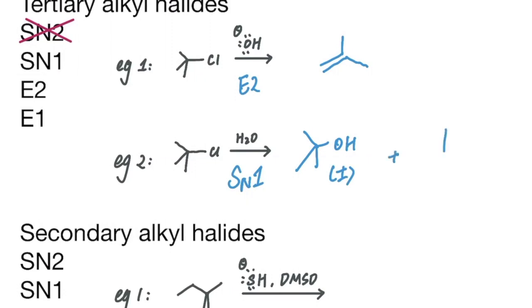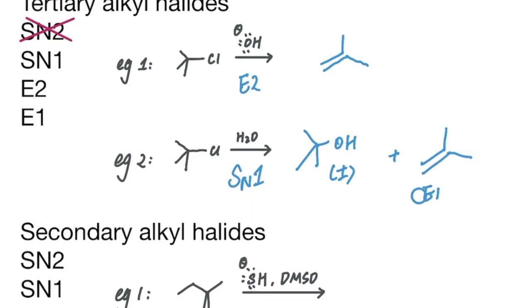And then E1, which is the minor product. E1, minor. SN1, major.